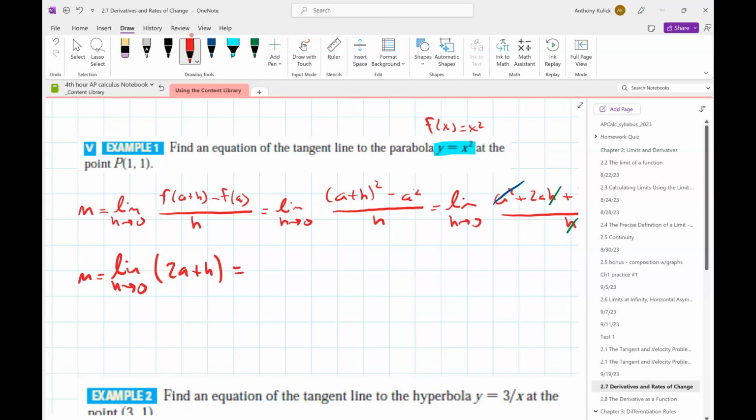Can I do the limit now? Yeah. How would I do it? Yeah, just direct substitution, so just plugging 0 in for h. So that's my slope. What is the a in this case, though? 1, right?